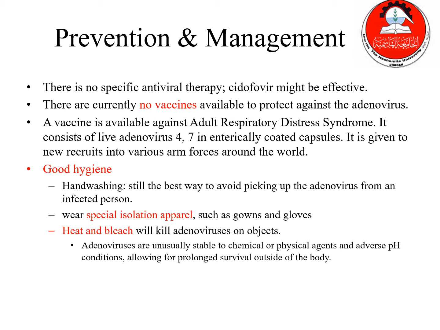It's a vaccine which has serotypes 4 and 7, but this vaccine is reserved and is given only to military recruits in the United States. What are the other preventive measures? As with all other respiratory tract infections: hand washing, using gowns and gloves, and trying to get rid of the virus by using heat and bleach.